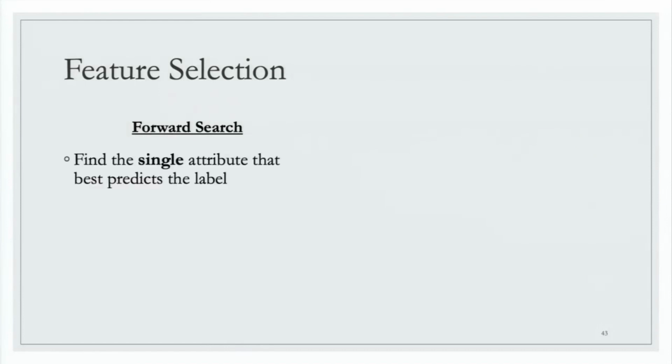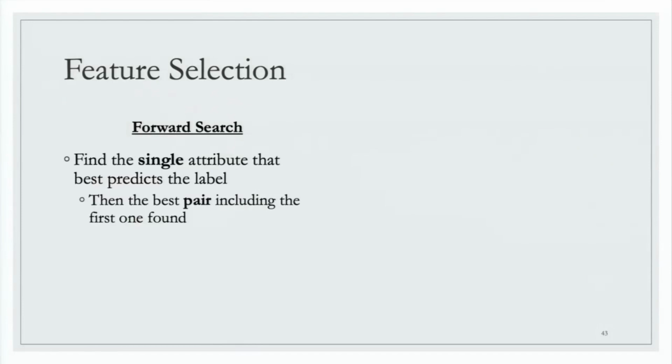The forward search says, let's just find the attribute that best predicts the label, the outcome. We're going to start with just that one. So train a machine learning model that has just a single attribute inside of it. Then consider all possible pairs that include that first best one. So if age was our best predictor, now include each of the others with age and see which combination is best.